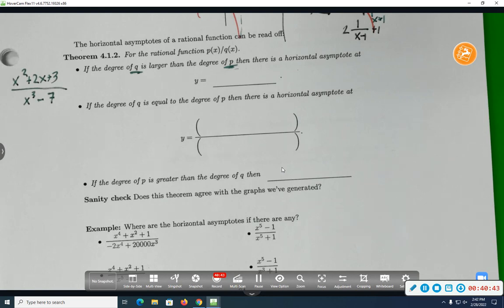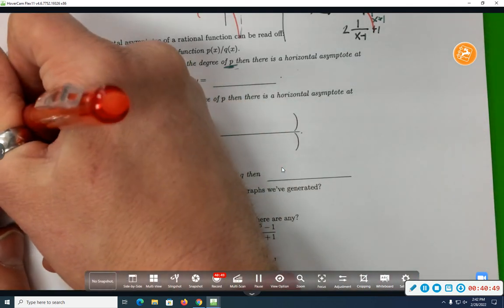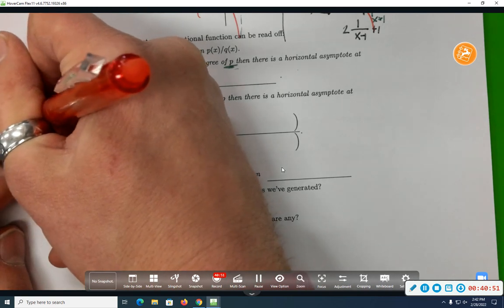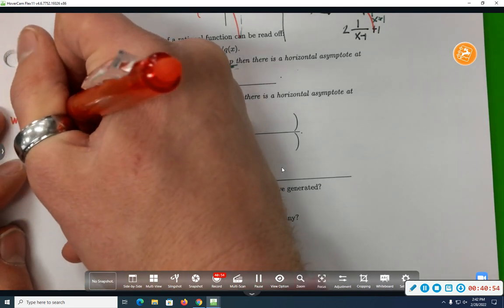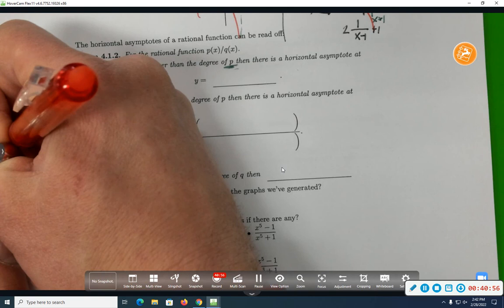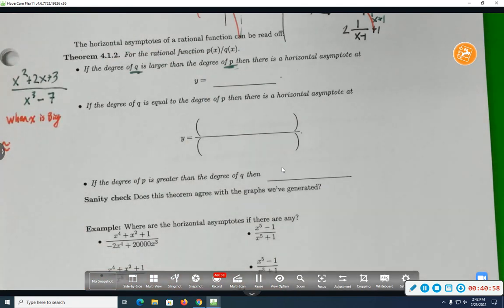The horizontal asymptote recovers what happens when x is big. So let's imagine plugging a really big number in for x. Let's think about what happens when x is big.